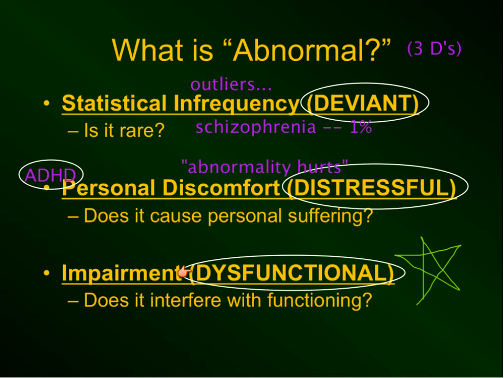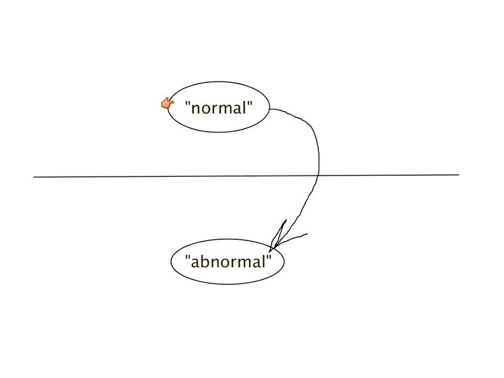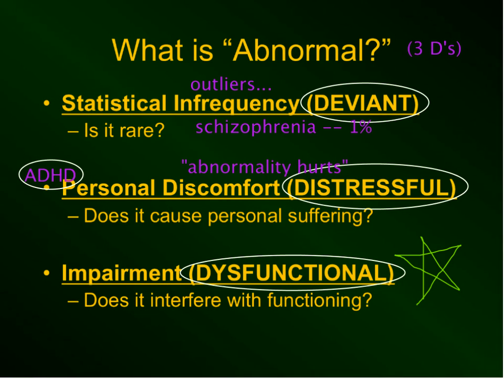It's keeping them from doing what they would otherwise be able to do. If you get all three, you're probably going to pretty clearly decide this person lands in the abnormal category, going back to this discussion of where's the line between normal and abnormal. What we're saying is these 3Ds help you define where that line might be. Okay? Questions or confusion about the 3Ds?